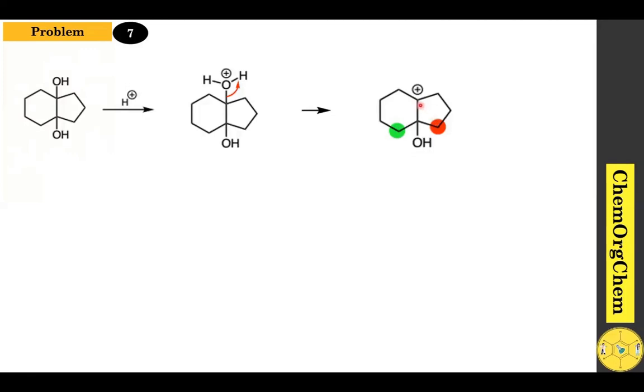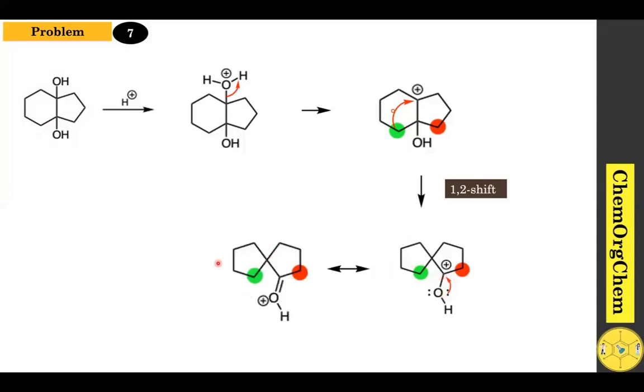We already saw that the 4-membered ring system is a strained ring system. Therefore, this green circled carbon selectively migrates towards this carbocation center by a 1,2 shift, which leads to generate a ring contracted 5-membered spiro ring system. Once you get this form, the oxygen lone pair of electrons moves towards the carbocation center, which is resonance stabilized. After you get this form, you lose the H plus ion and get the corresponding ketone product.